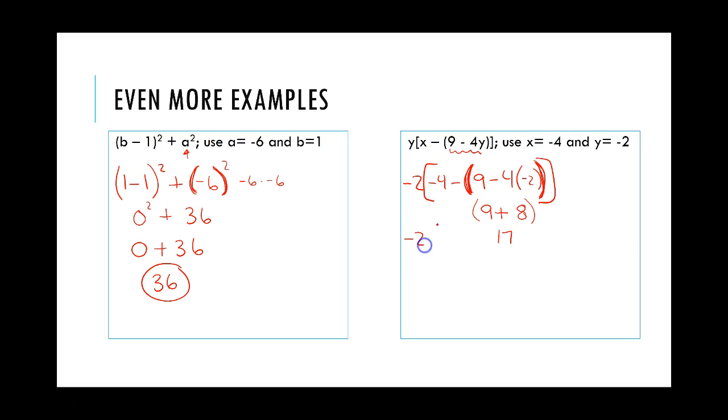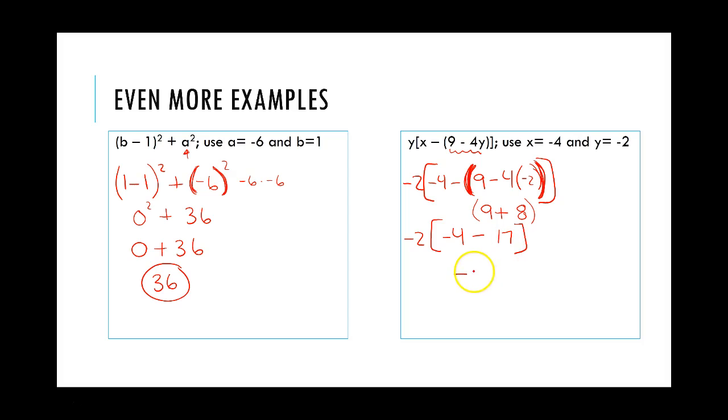So then you have -2, bracket, -4, minus, and then this whole parentheses here became 17. So now -4 minus 17 gives me a negative. So if I have -$4 and I spend 17 more, can't do that, you're further into debt.